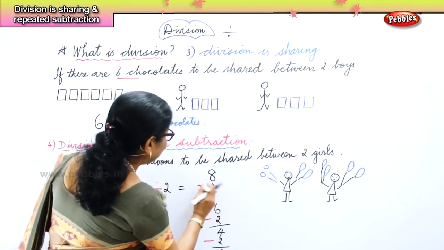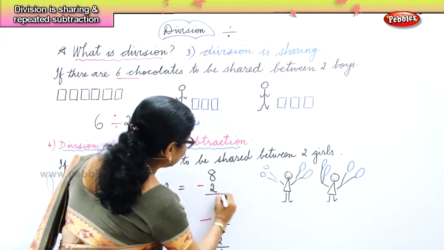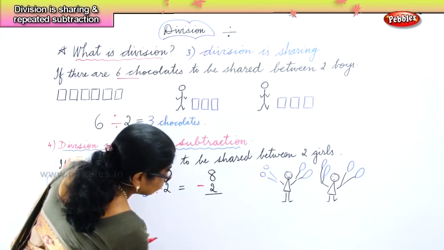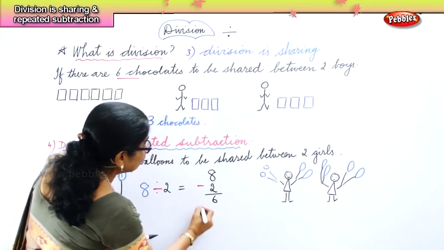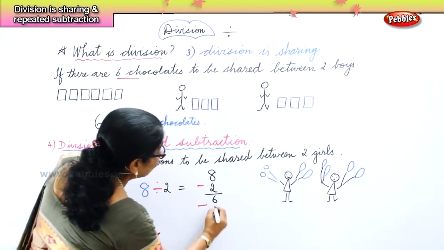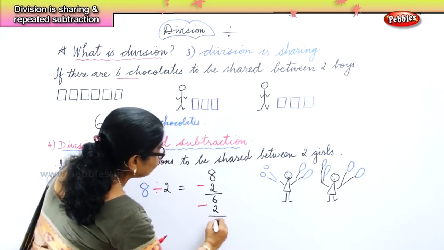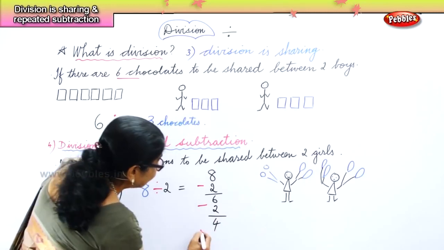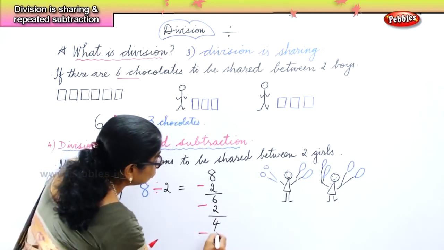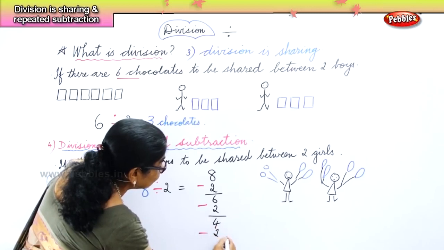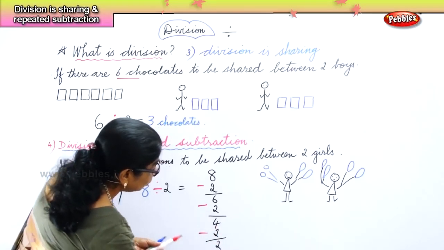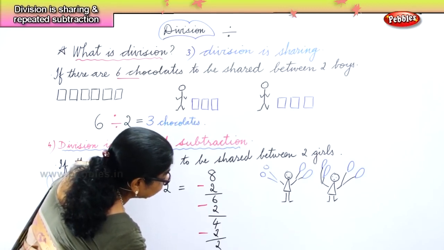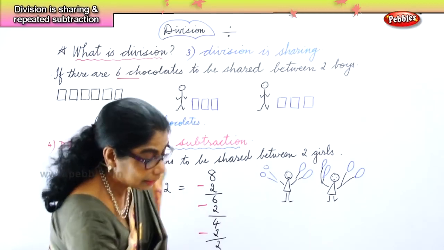8 minus 2, you get 6. And the 6 minus 2 will give you 4. And this 4 minus 2 gives you 2. And that minus 2 will give you 0. Now, let's look at it.